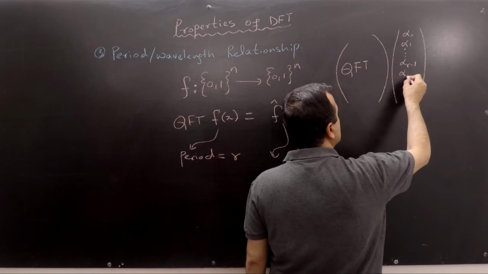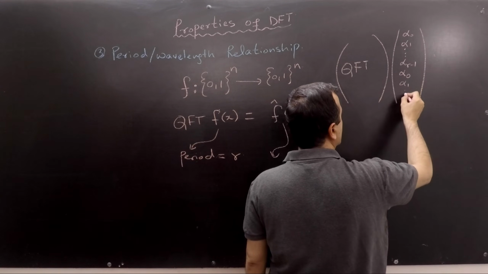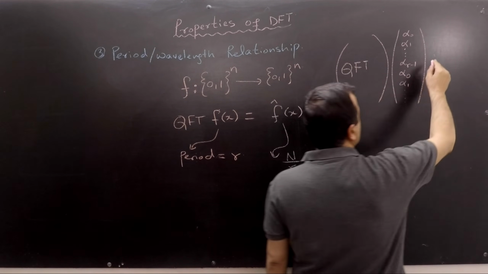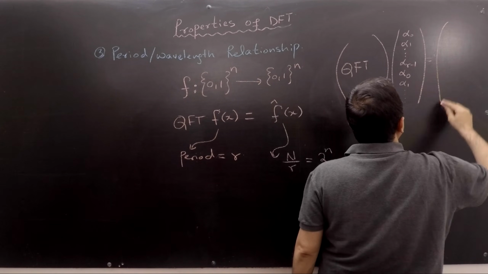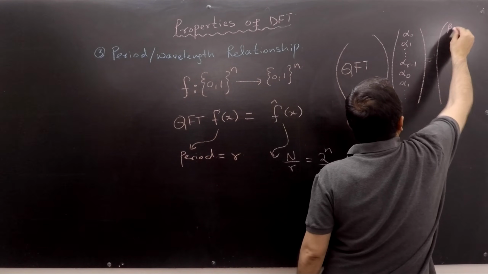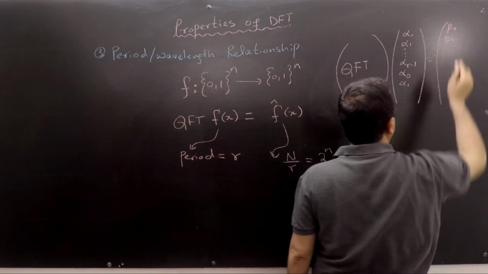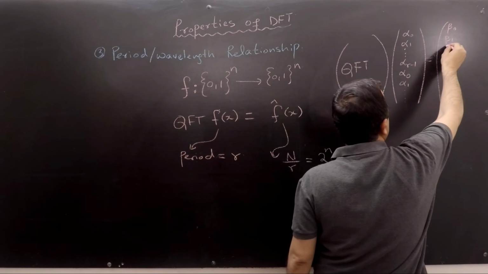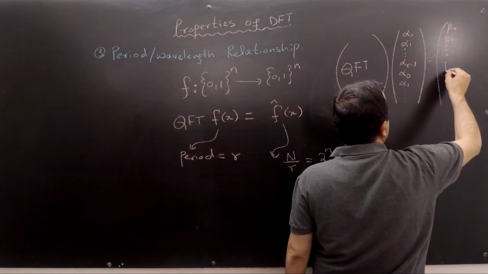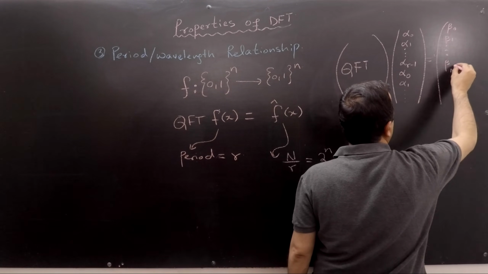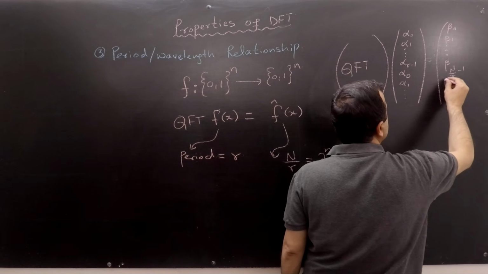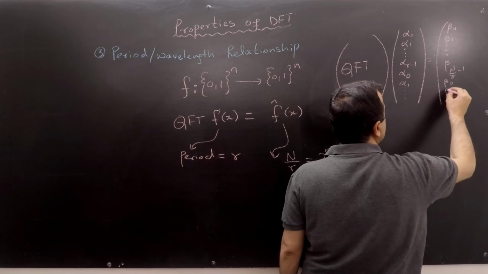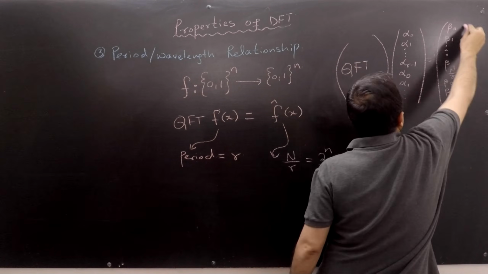So once again I will have alpha 0, alpha 1 and so on. Then my transform output will be beta 0, beta 1, and the output will also be periodic, but its period will be capital N over r, and then the output will repeat itself from beta 0, beta 1 and so on.